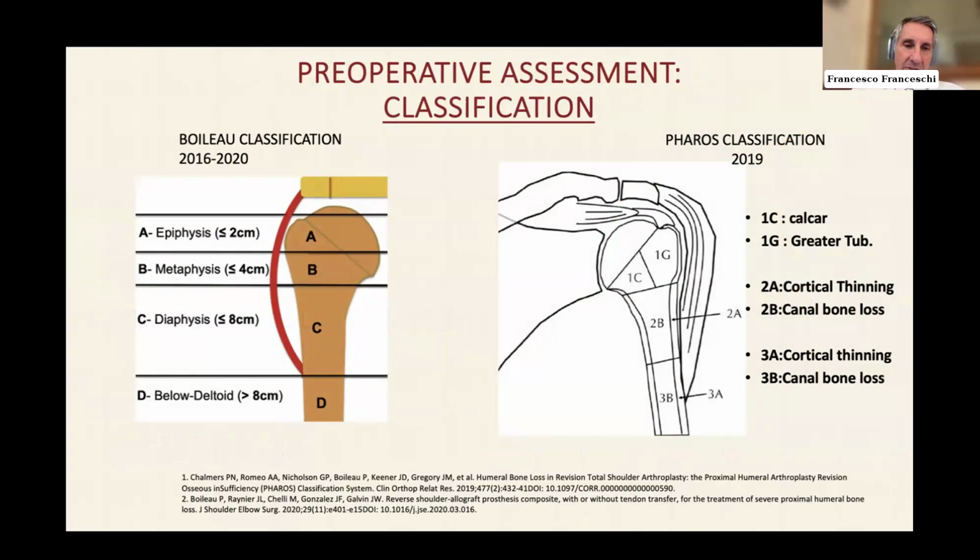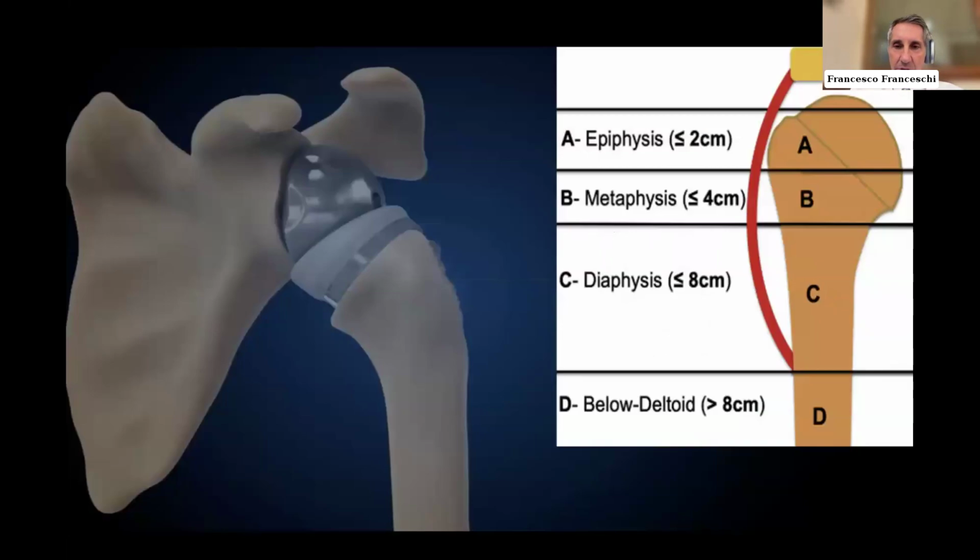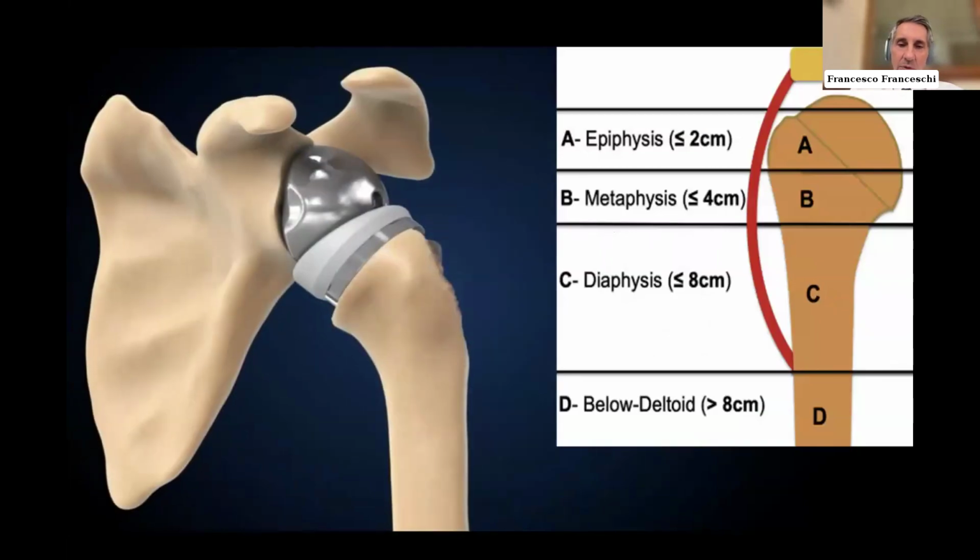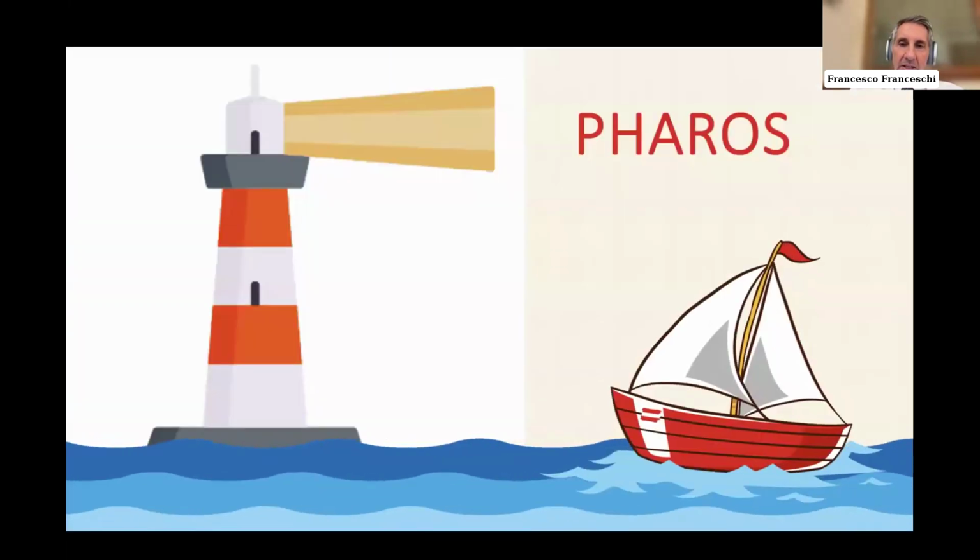The first one, epiphysis, less than 2 centimeters. The second one, metaphysis, less than 4 centimeters. The third, diaphysis, less than 8 centimeters above the deltoid, and the fourth one below the deltoid, more than 8 centimeters. The second one is the Ferros classification, which I will explain to you.